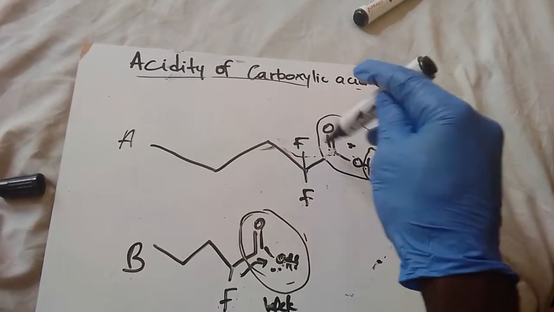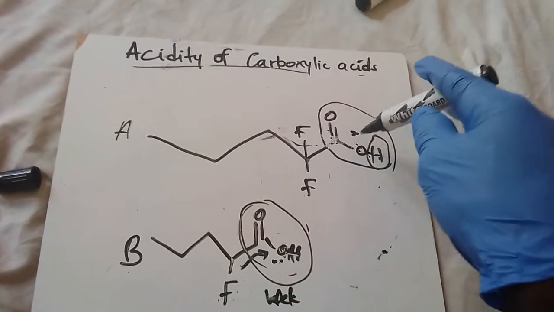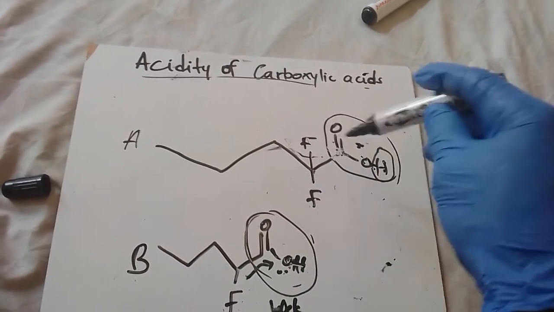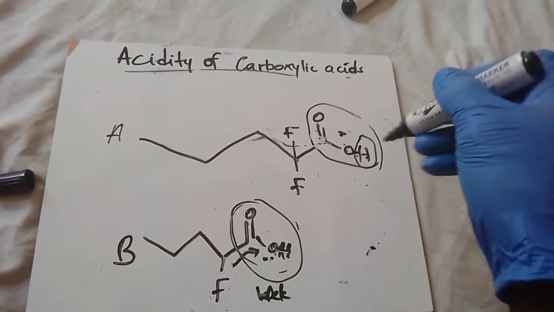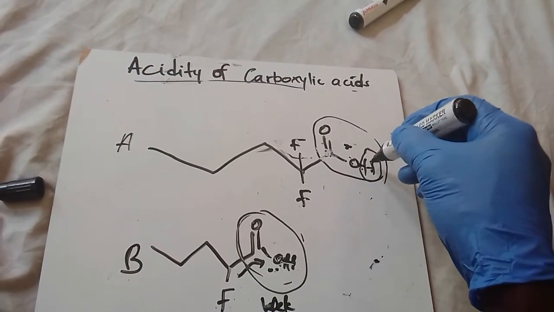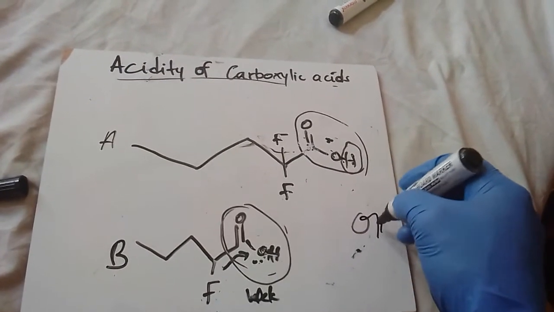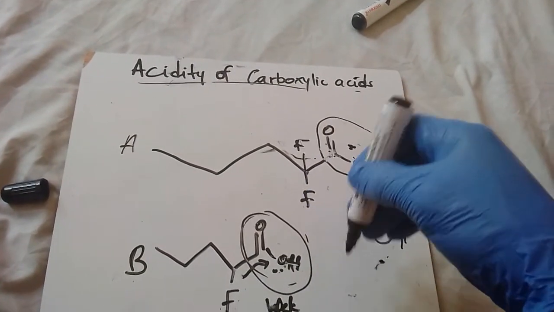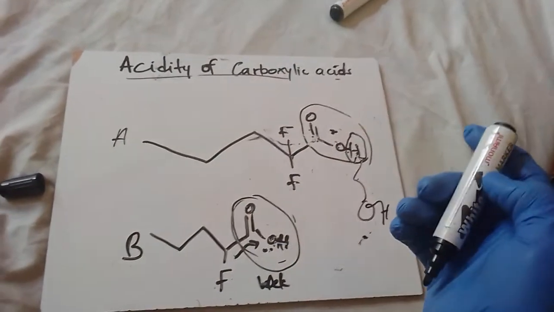So compound A in this instance is more acidic than compound B because it has two fluorines that are pulling electrons from this side. When they pull, as I said earlier, they will weaken the oxygen-hydrogen bond here. Hence, an incoming base can easily take this hydrogen, leaving the oxygen easily than this.